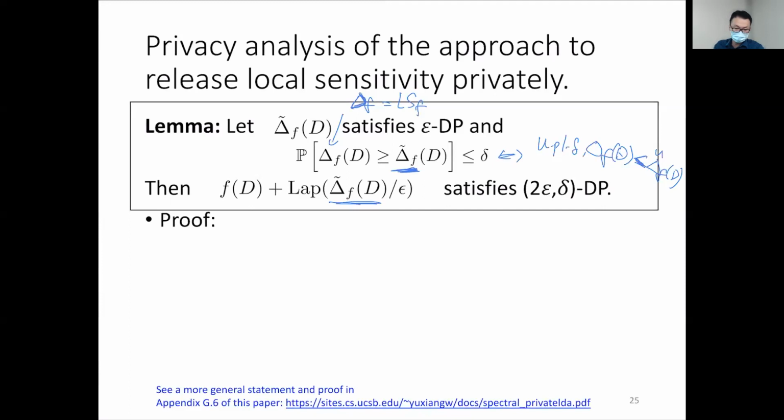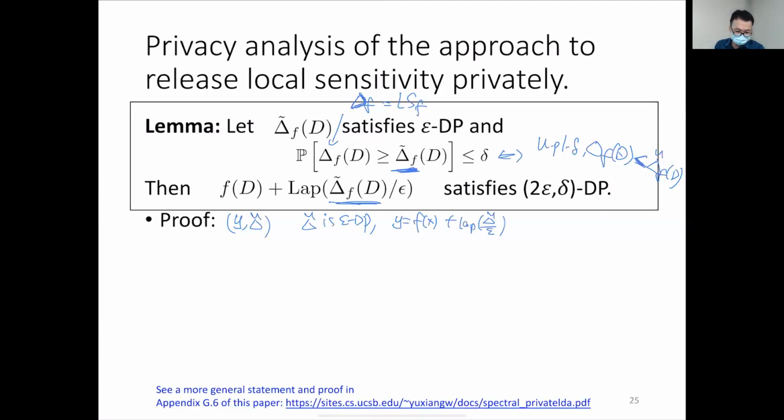Okay, so now let's see how this works. Let's say that the output is y and delta tilde. This is the output of this algorithm, and we know that delta tilde satisfies epsilon delta DP, and we know this is epsilon DP, and we know that y is equal to f of x plus Laplace noise.